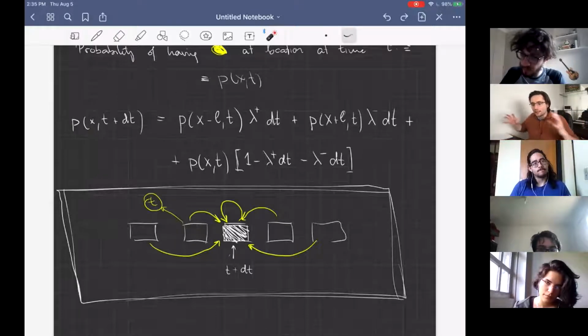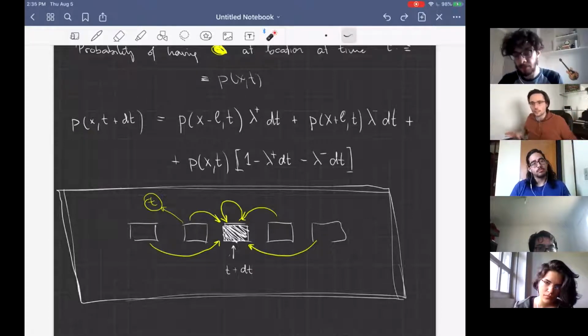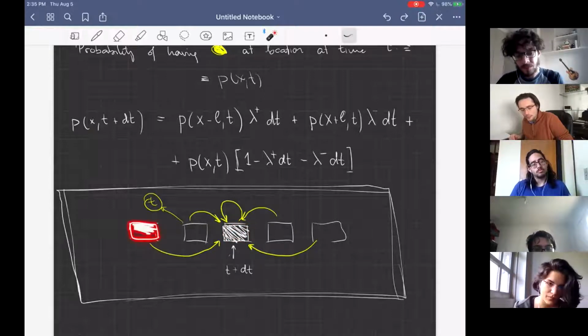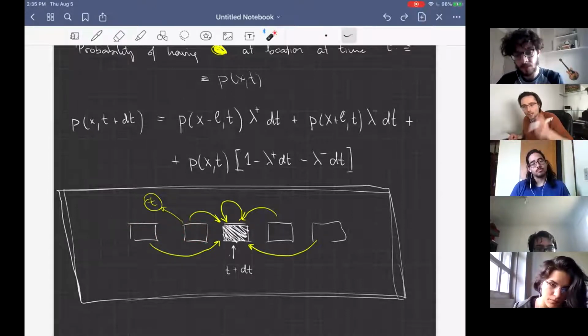So when you are counting all the paths that take you to that final position, you need to consider all the previous places where you could be and the probabilities of you jumping there. And that's all I am doing. I don't know where I am, so the probability that I end up being here is the probability that I was there and my coin tells me jump, plus the probability that I was at another site and my coin tells me jump, and so on and so forth.